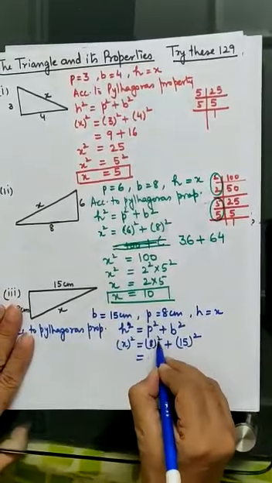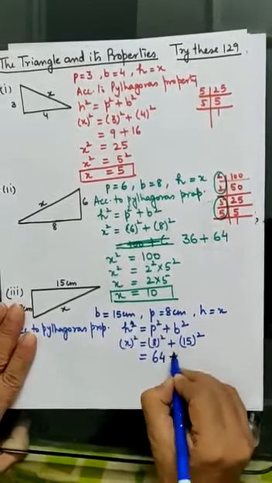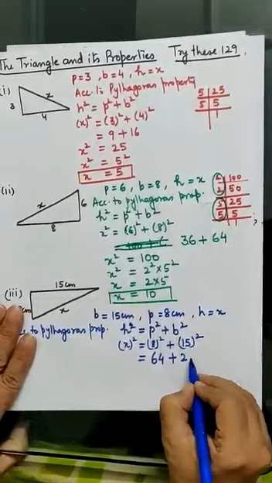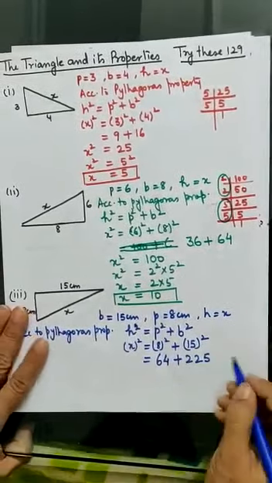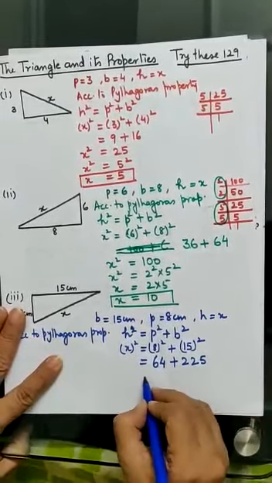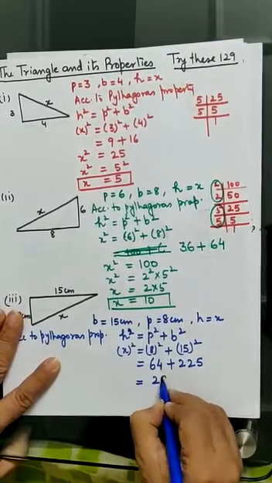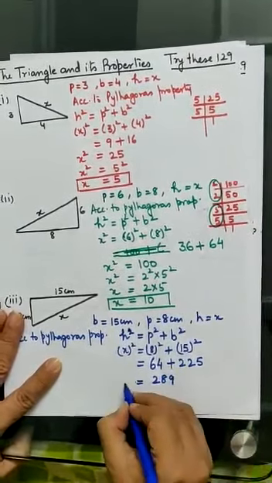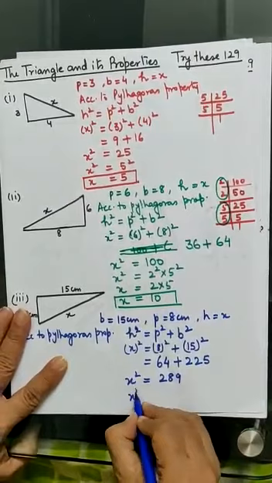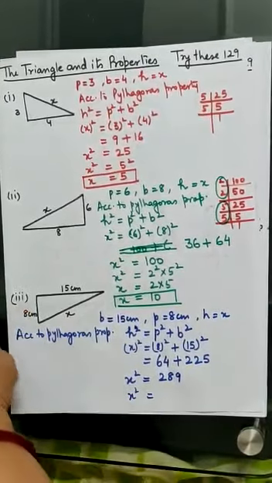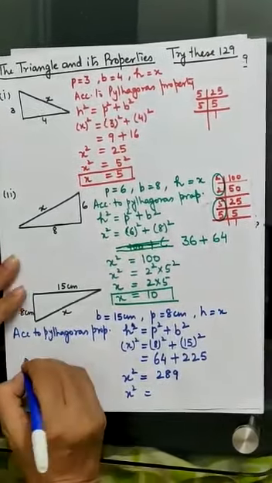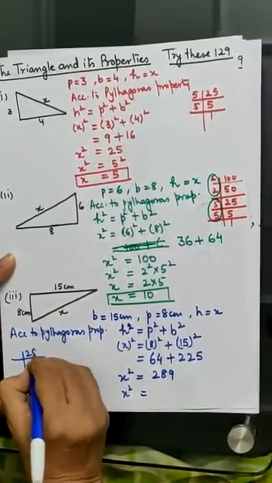Now 8 square is what? 64. 15 square is what? 225. And when you add 64 and 225, you get 289, right? So x square is 289. Now let us take the prime factorization of 289.